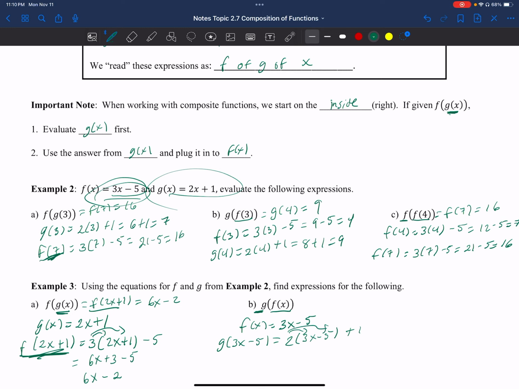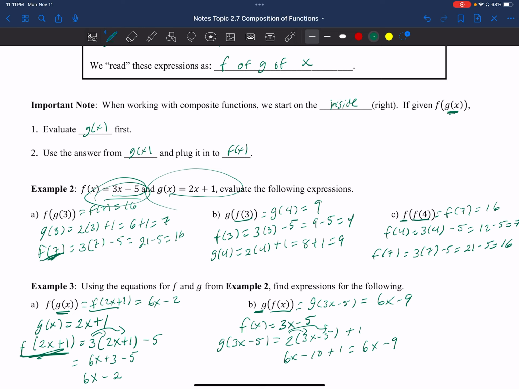So distribute that out. So that will give me 6x minus 10 plus 1, which will be equal to 6x minus 9. So when I write this, I'm going to say that's the same thing as g of 3x minus 5, which is equal to 6x minus 9. So nothing really hard or complicated.